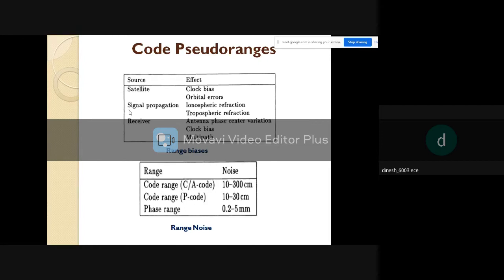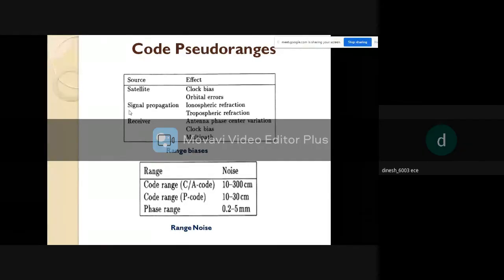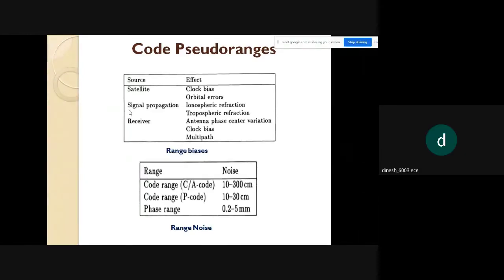And when we see the signal propagation, as the signal travels from one place to another, due to refraction of ionospheric, tropospheric of the nature of Earth's space, we get ionospheric refraction and tropospheric refraction.